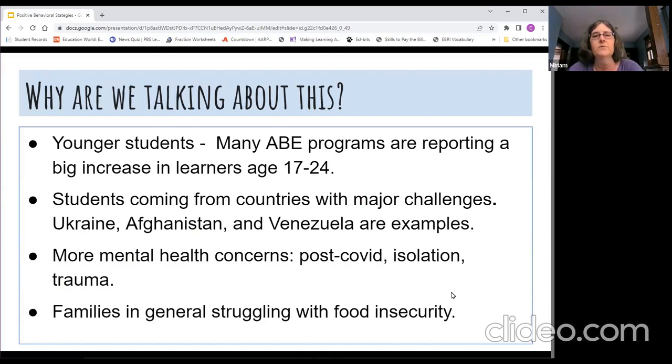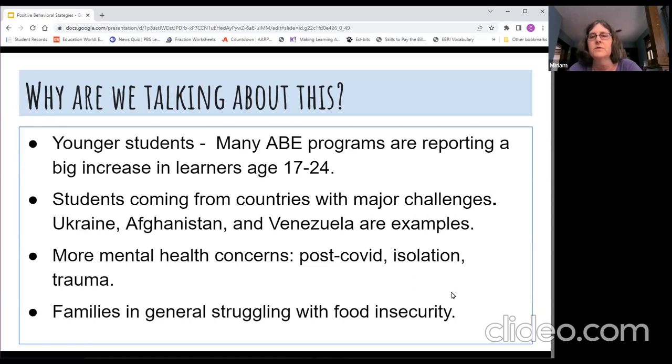Many ABE programs are reporting a big increase in learners age 17 to 24. I was looking at my classroom the other day and I realized everybody is under the age of 36 except one man who's 64, and I think that's unusual. And then I have all these 18 to 22-year-olds. And then also just the countries that many of our students are coming from right now, Ukraine and Afghanistan and Venezuela.